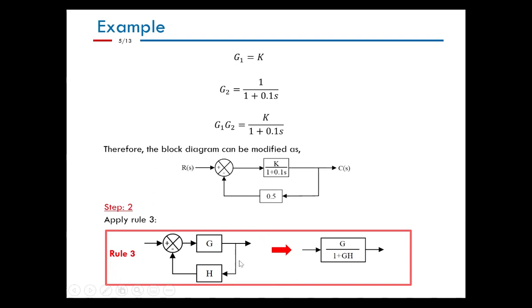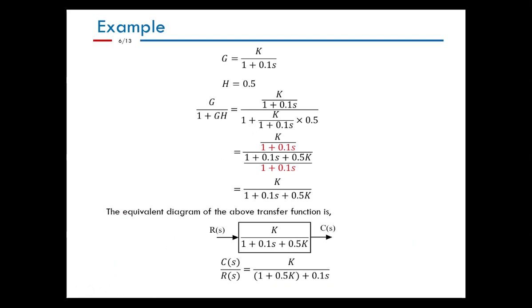Previously, we developed the transfer function for this loop, which is G over 1 plus GH. So we can simply substitute the values into this equation.